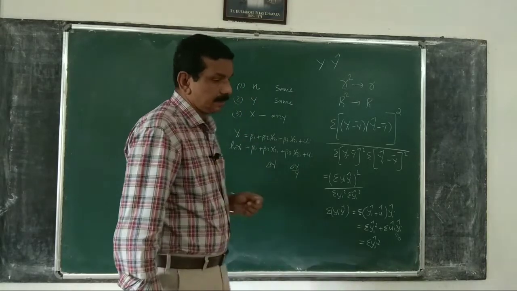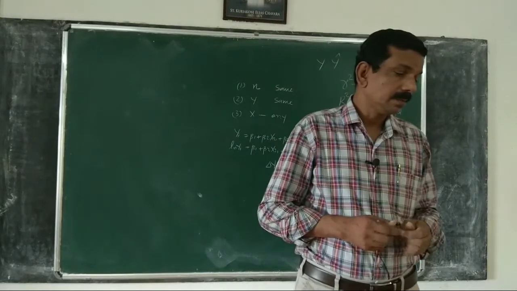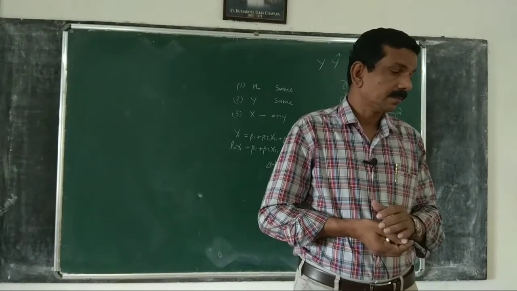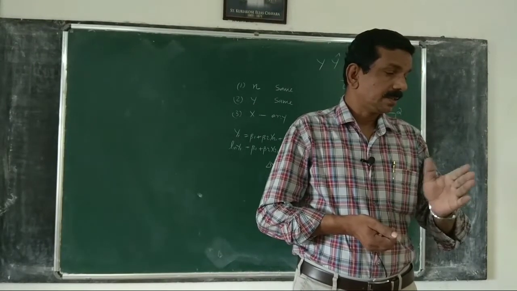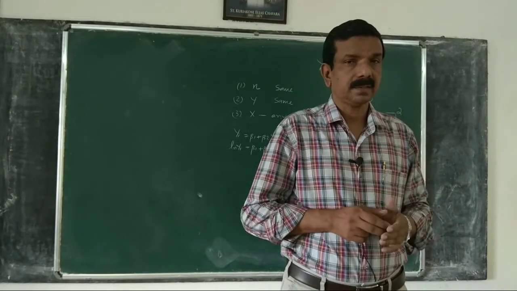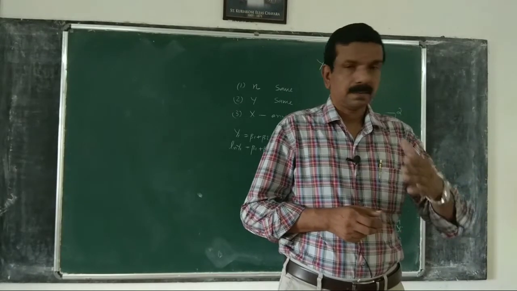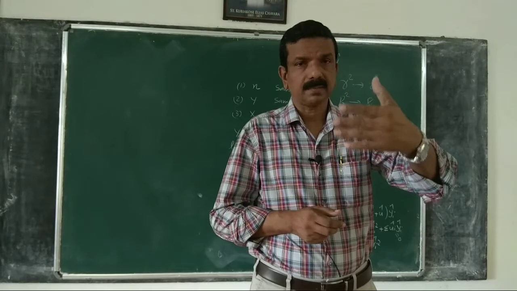And delta y is not the same as delta y by y. Both are different. So variation in y, change in y, is not equal to change in ln y. Change in y is delta y. Change in ln y is delta y by y.